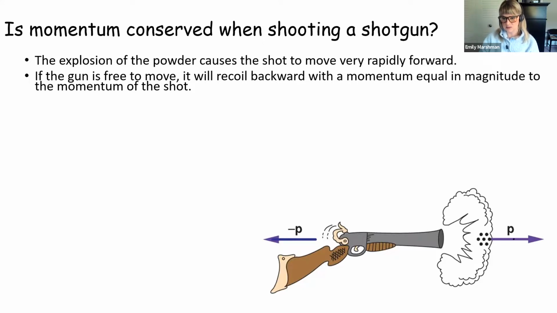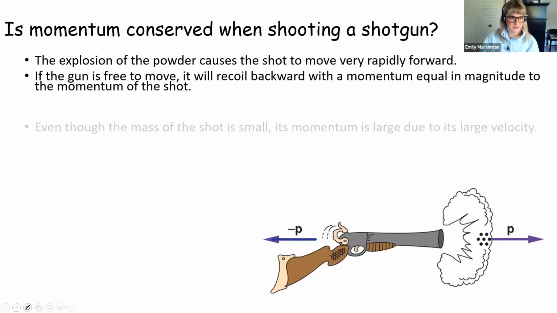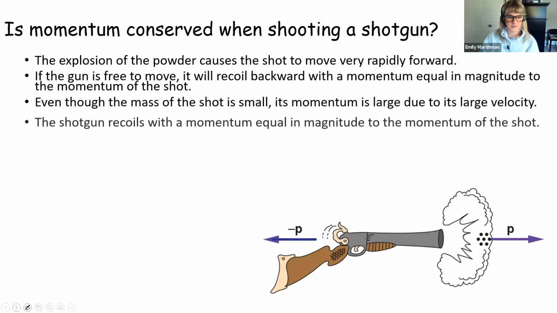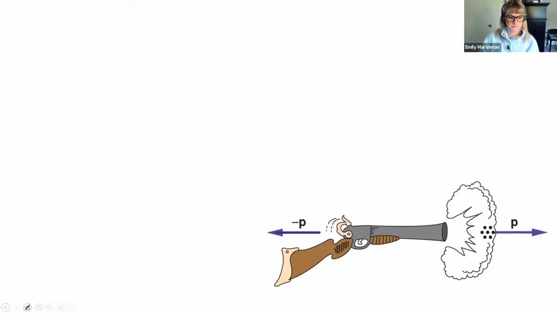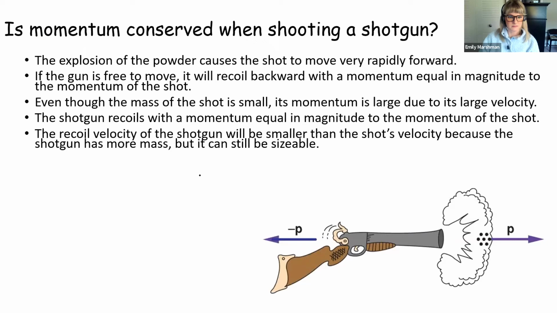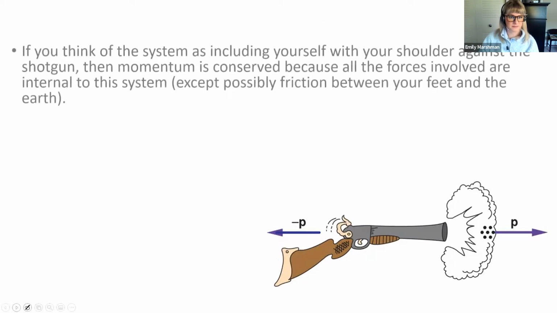The bullet comes out with a momentum, and the gun is also going to have a momentum in the opposite direction, of the same size. The recoil velocity of the gun is going to be smaller than the velocity of the bullet, but it can still be sizable, enough to cause a jolt on your body and potentially harm you. So holding the gun properly is important.